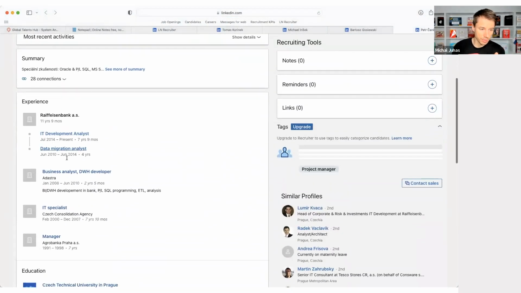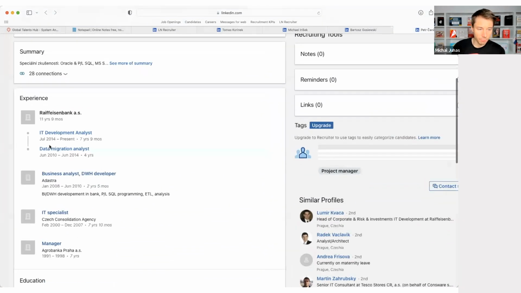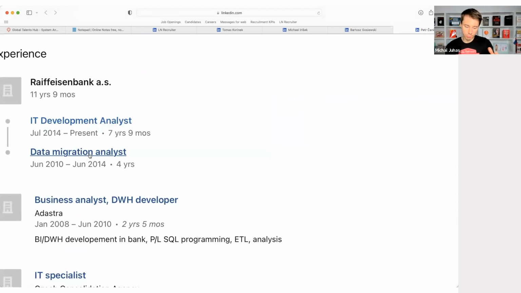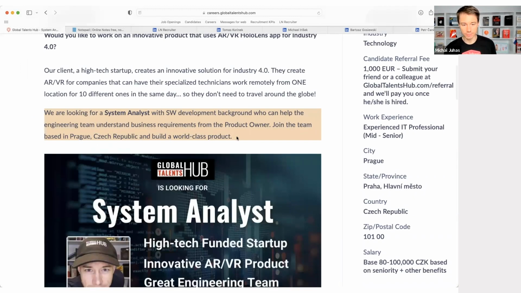For example, this guy was a data migration analyst. So it's a very specific niche role with focus only on data, and not just data, the whole data warehouse, but only data migration from one database to the other. So he's a very specific analyst. Now when we say that we are looking for a system analyst, it's just our interpretation of the role.